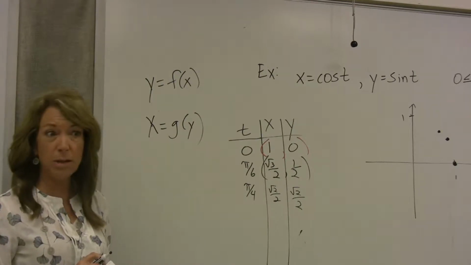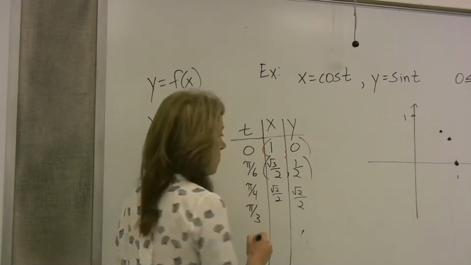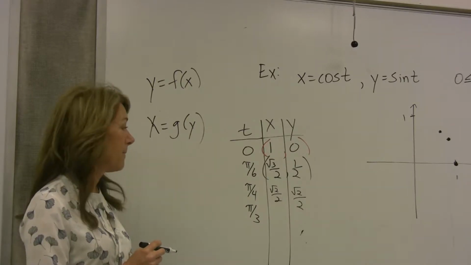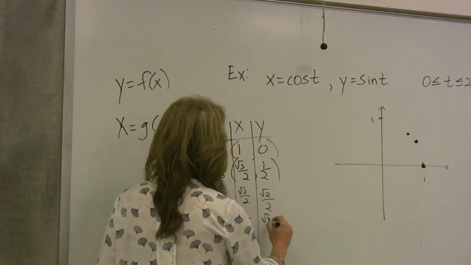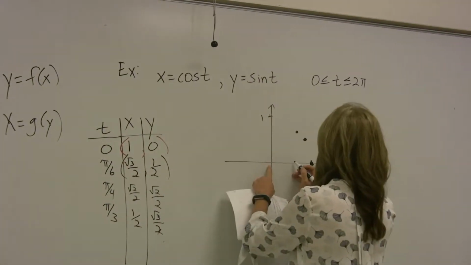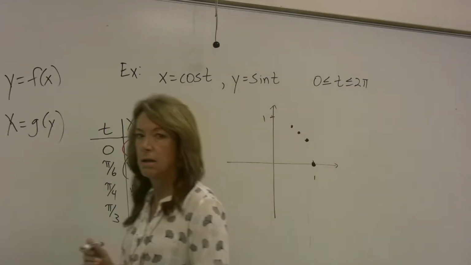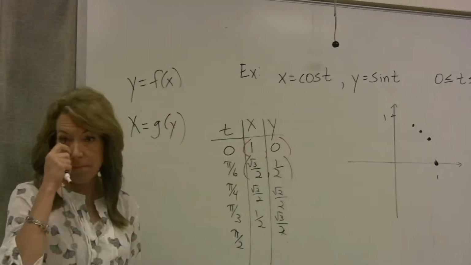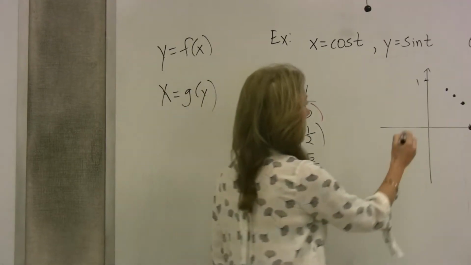We all right with getting those points? How about pi over 3? Yeah, just the opposite of these guys, right? 1 half, root 3 over 2. So now I'm going over 1 half and up root 3 over 2, I may be here. And then the next one I'm going to do is pi over 2: 0 and 1. So I'm up here.